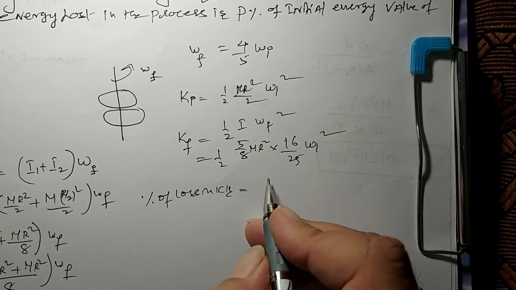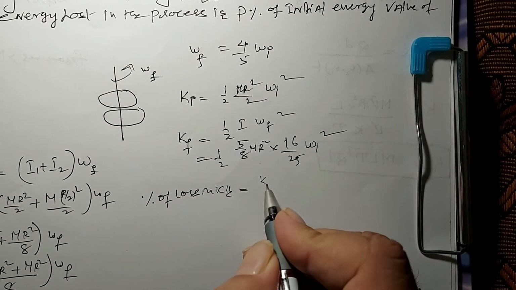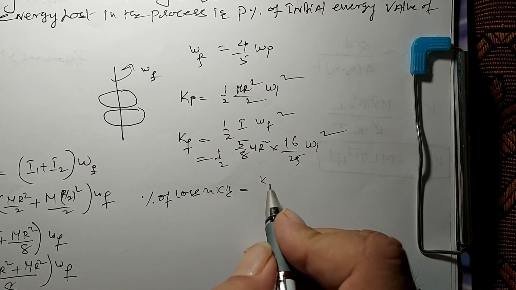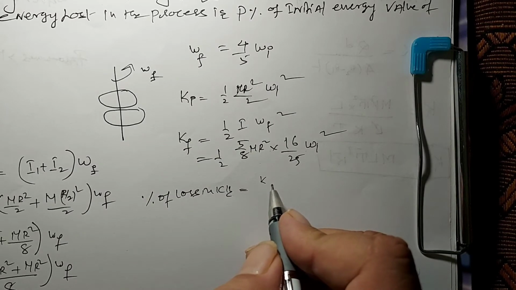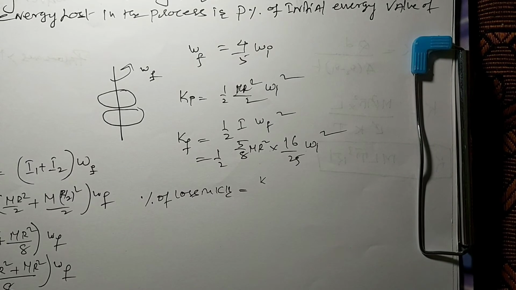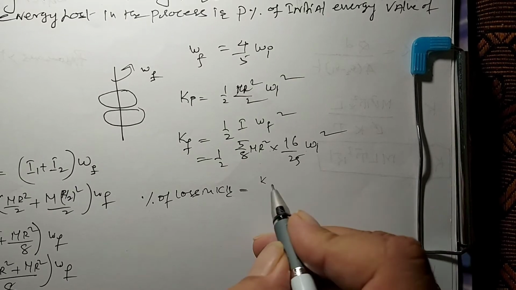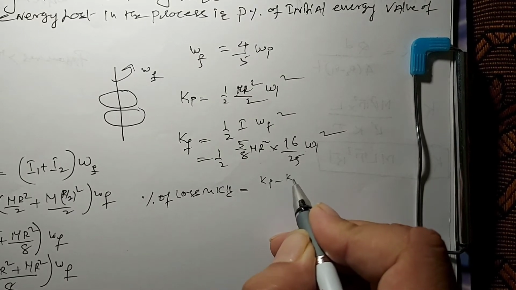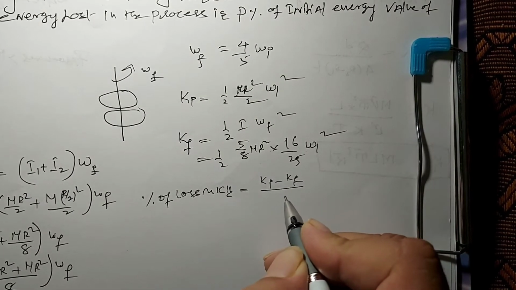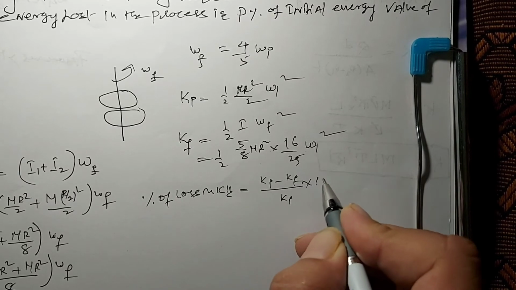Now the percentage of loss in kinetic energy is equal to initial kinetic energy minus final kinetic energy divided by K initial into 100.